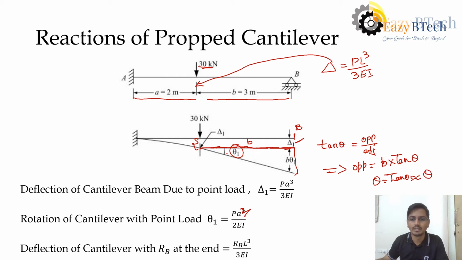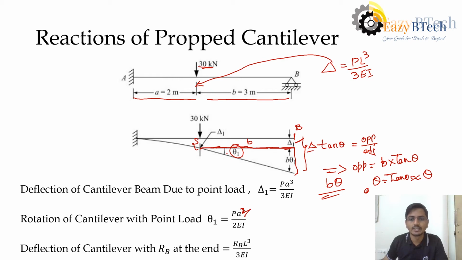Then this opposite side will be nothing but B into theta. Now this total deflection will become delta 1, that is the deflection due to the point load, plus B theta 1, which is the deflection at this point because of this 30 kilonewton load.